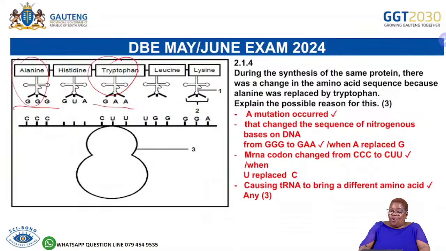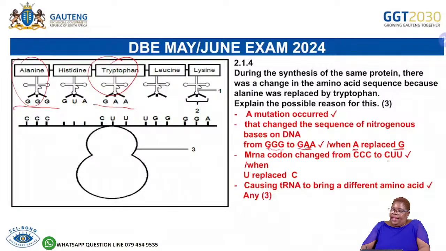A mutation occurred that changed the sequence of nitrogenous bases of DNA from GGG to GAA when A was replaced by G. So you must talk about those things immediately when you are to explain the possible reason for the change in the protein being formed.